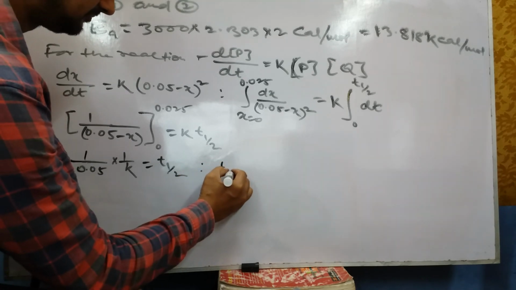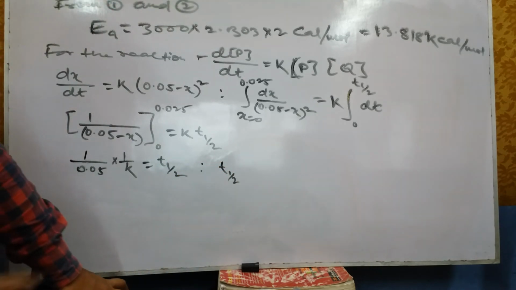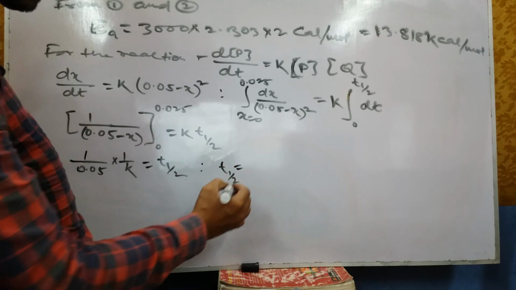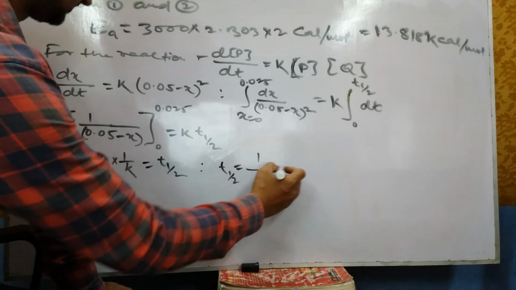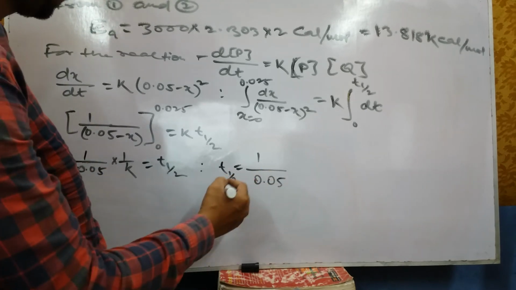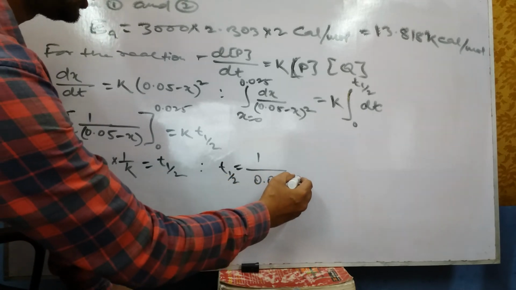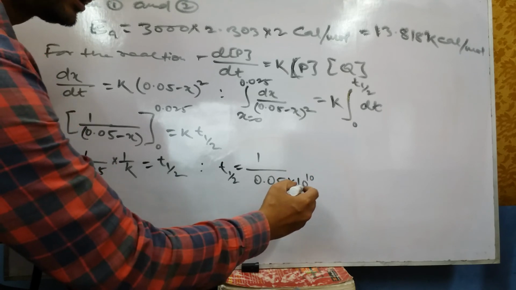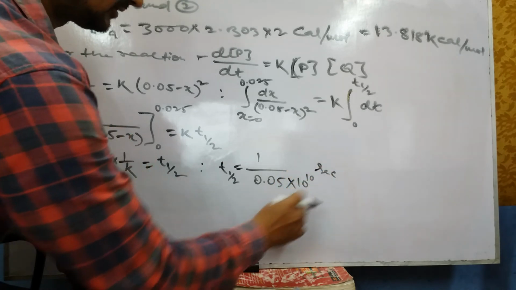So the half-life period is equal to 1 by 0.05 into the value of K, which is 10 to the power 10 per second.